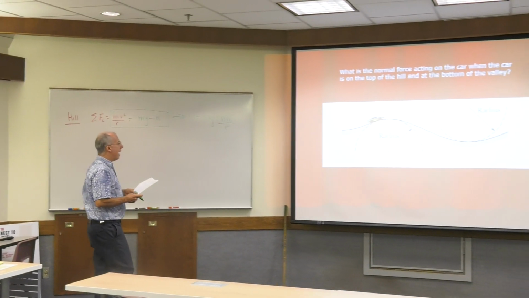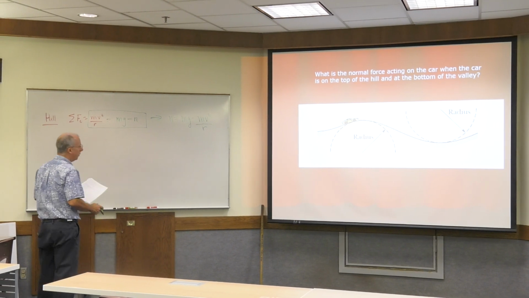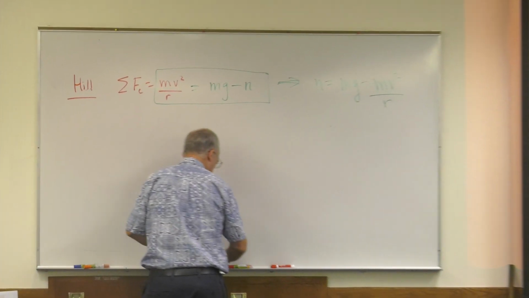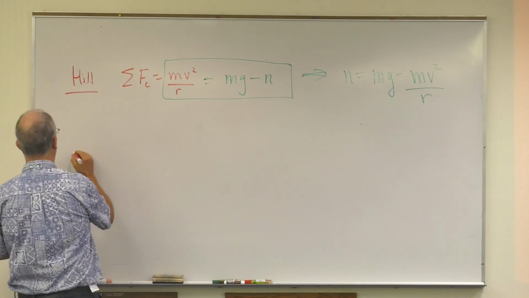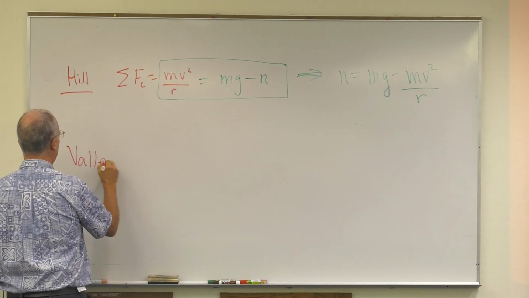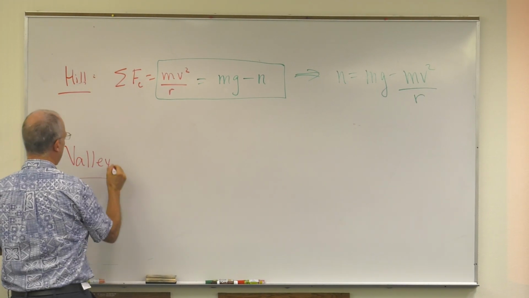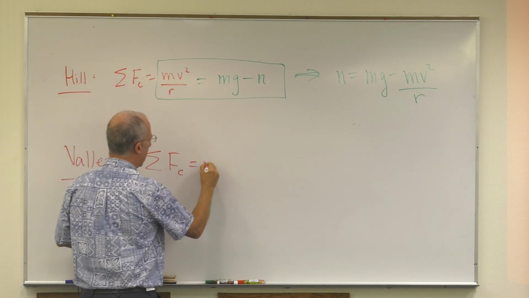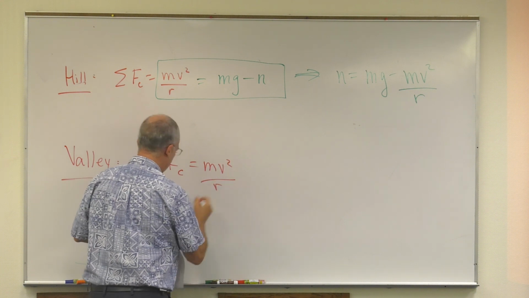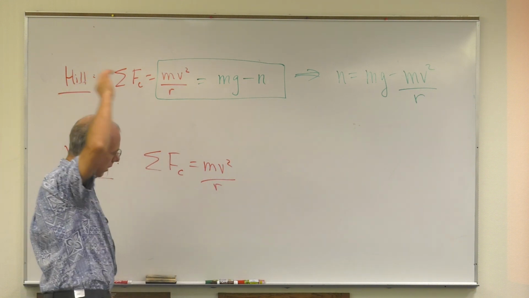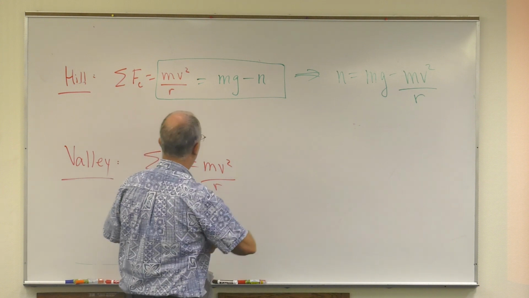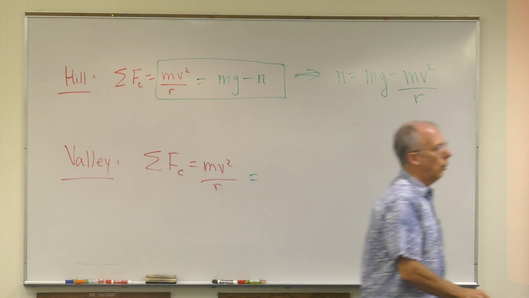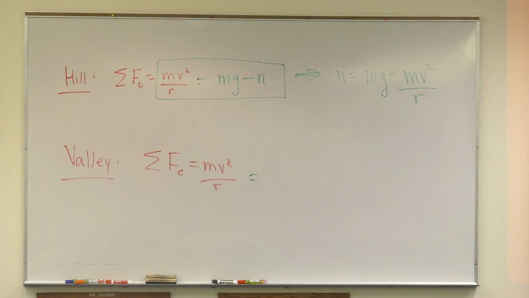All right. Now, let's do the valley. Okay, as usual, sum of the centripetal forces equals mv squared over r. So you just write it down because it's true. Now here, what are the forces on the car?